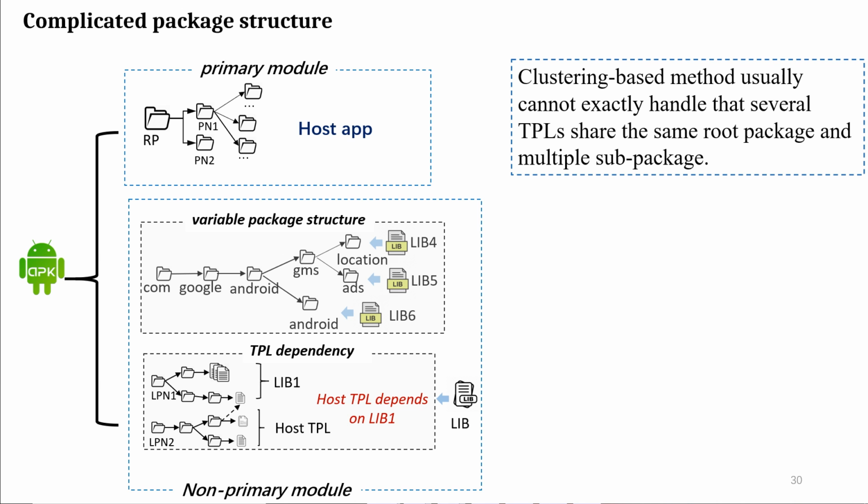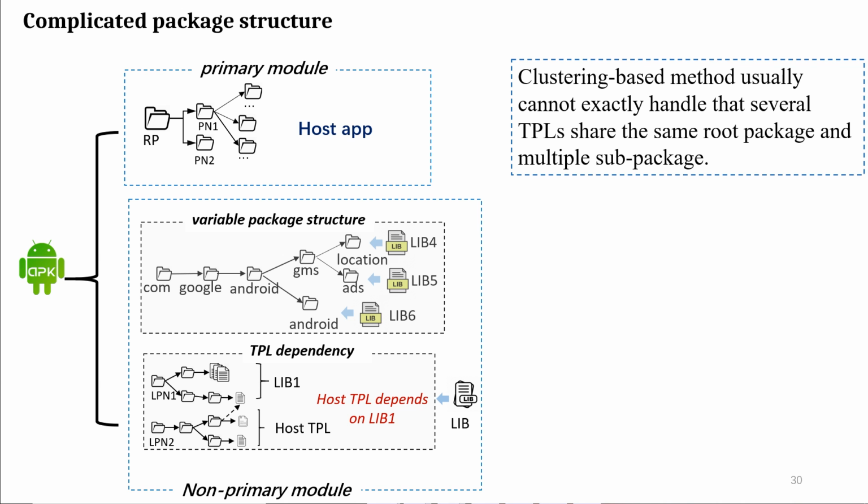But when these TPLs are imported into Android apps, things will be very different. Here you can see the second case. Library 5, Library 4, Library 6 are totally independent libraries, but they share the same root packages and sub-packages. Actually, it's hard to cut them out.